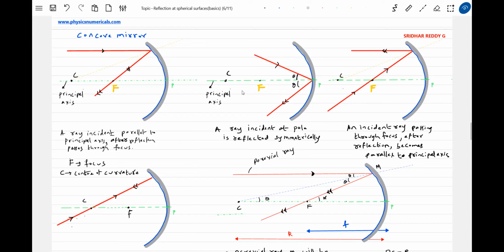Now, if a ray is incident at the pole, it will be reflected symmetrically because the angle of incidence equals the angle of reflection. See here also, don't think that everywhere the laws of reflection will not hold good. There's no problem with that.